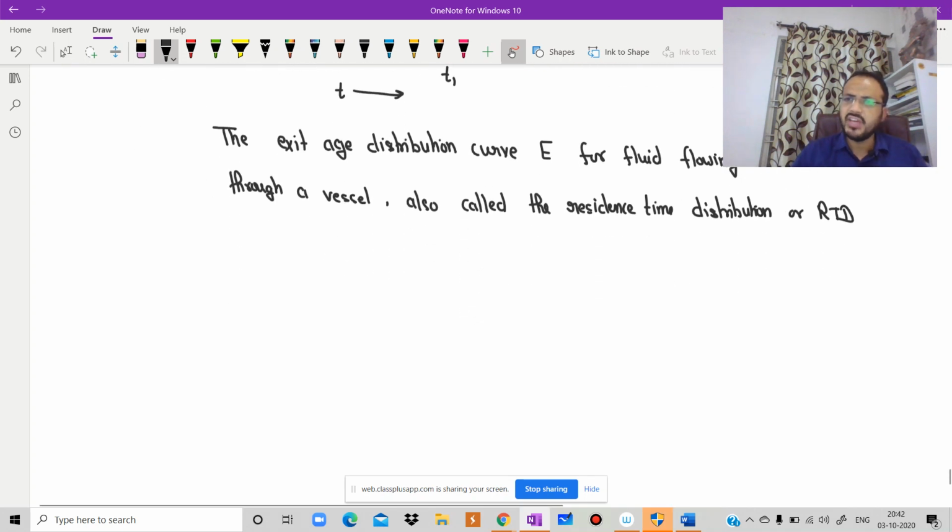In such a manner, we have done this E curve. Is it clear up to this? There should be no doubt up to this point.